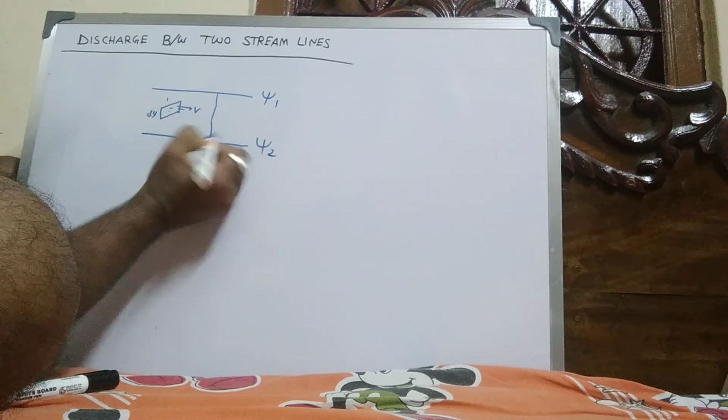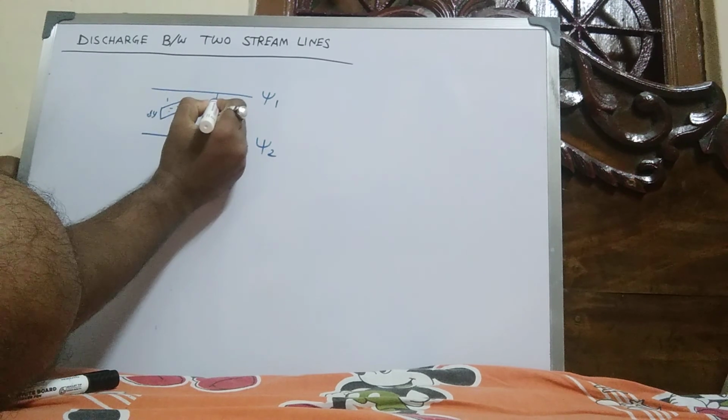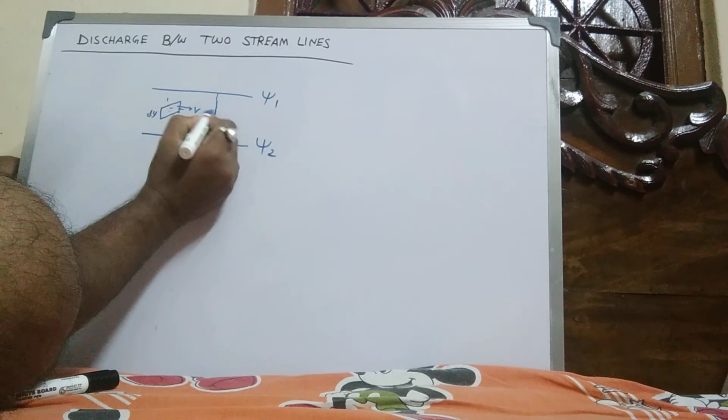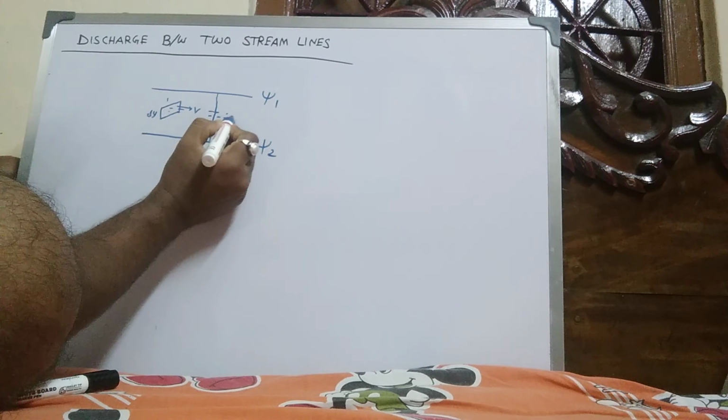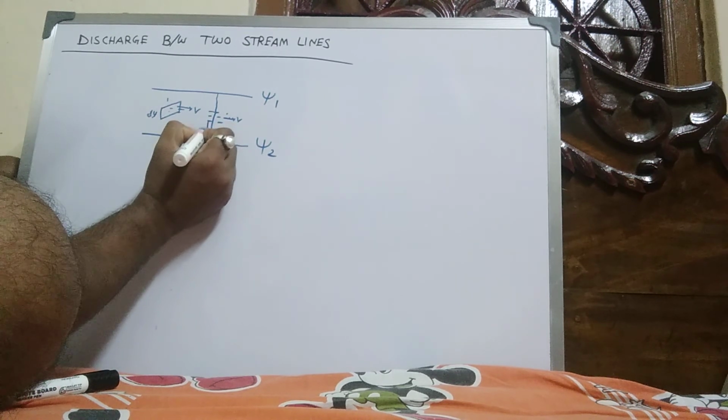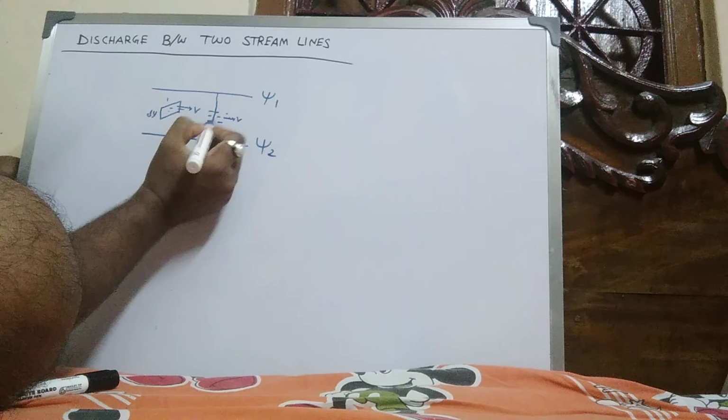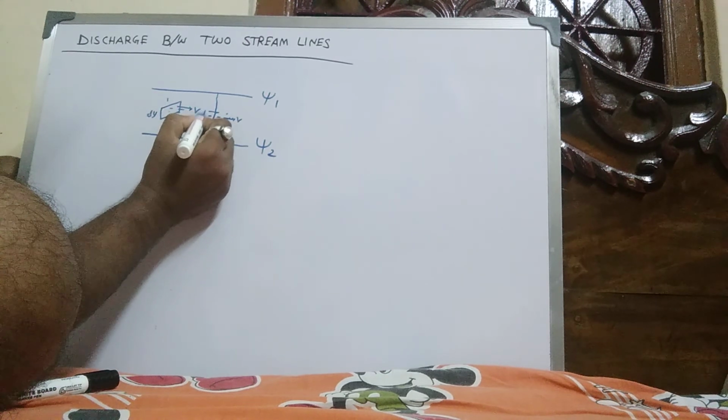Taken a section, this is the velocity V, this is the y distance, and this one is dy.